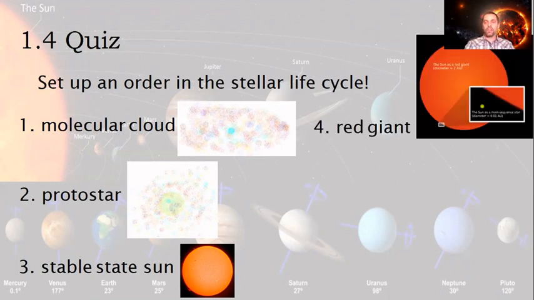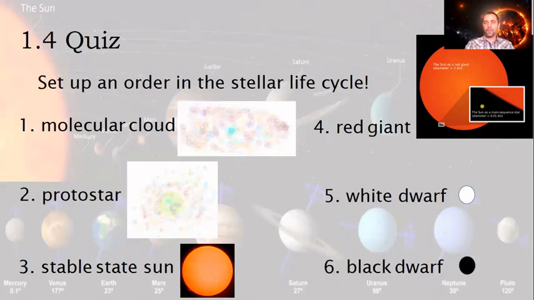Then when it's running out of fuel, it becomes a red giant. You can see the comparison between the sizes of the original and the red giant sun. Then it becomes a white dwarf, and after cooling down, it will be a black dwarf.